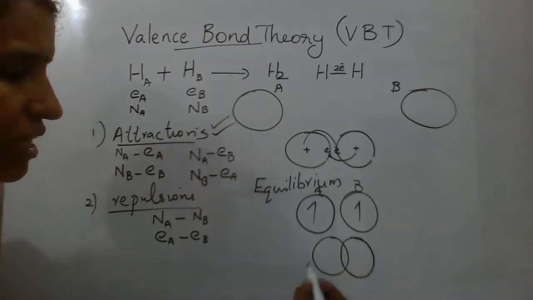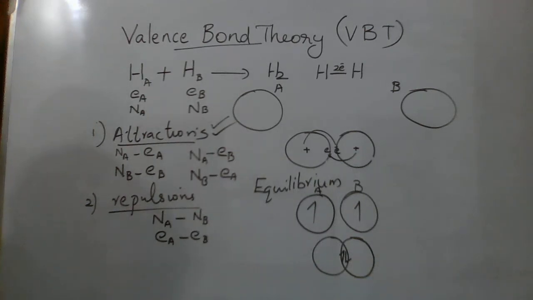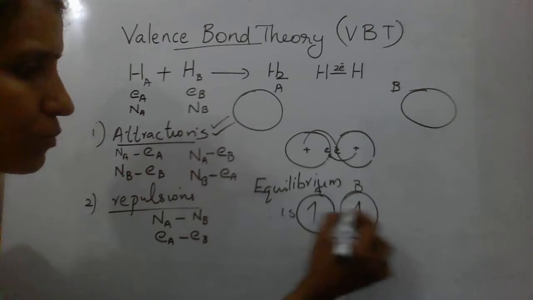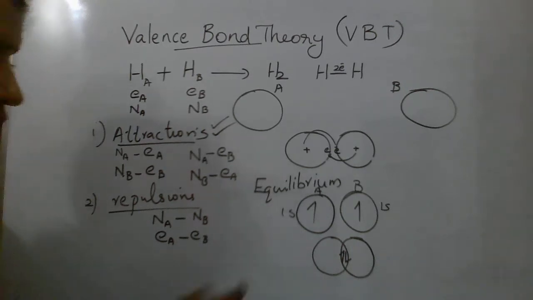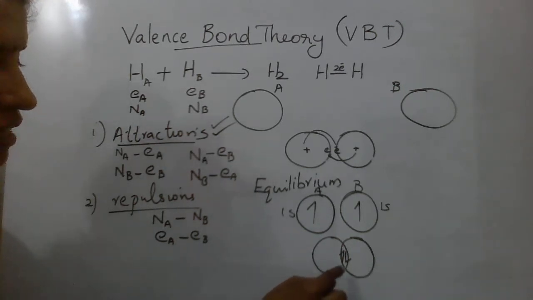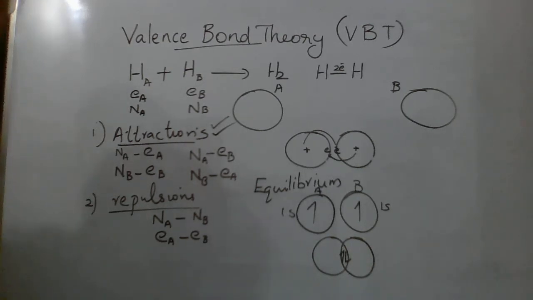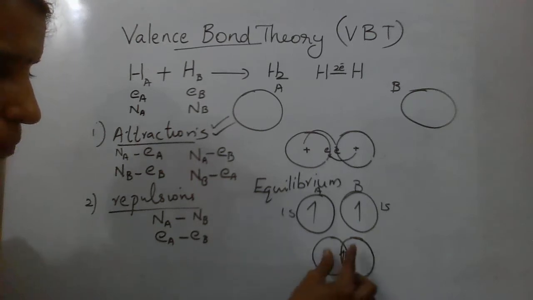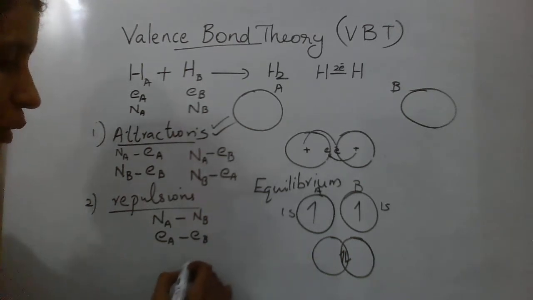In this partial merging, what happens? These electrons undergo pairing. The single electron present in the one s atomic orbitals undergoes pairing. This partial merging or partial interpenetration of atomic orbitals is called overlapping.